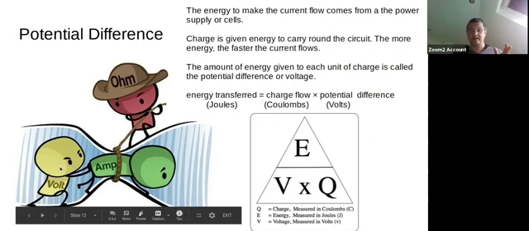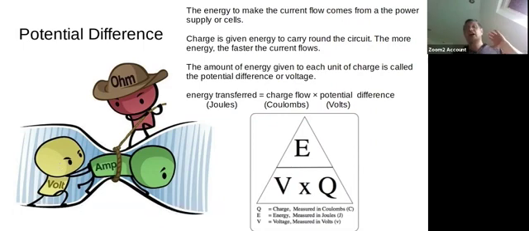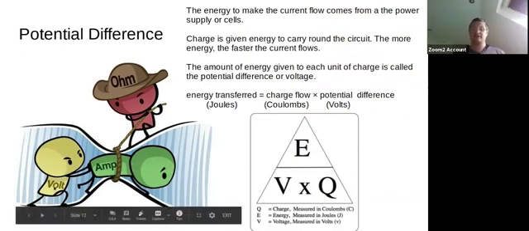What we said is the harder they push, the faster the green thing, the current, is going to go. Well, there's not a physical force exactly, but what you have is an amount of energy. So think about how much energy this person is using.